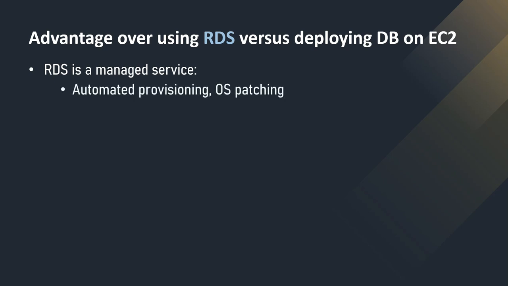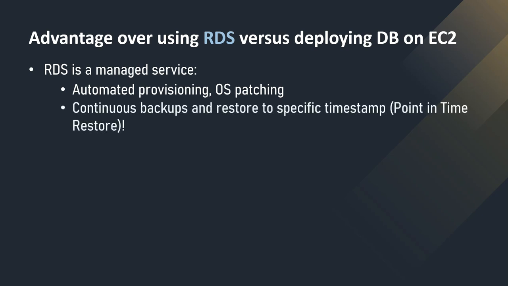For example, the provisioning of the database is fully automated, and so is the underlying operating system patching. There are continuous backups and you are able to restore to a specific timestamp. It's called point-in-time restore. You can also have a monitoring dashboard to view the performance of your database.